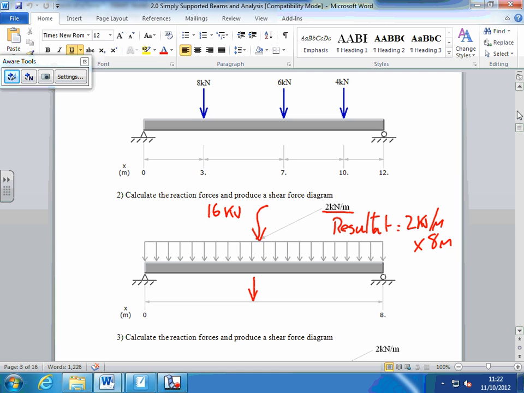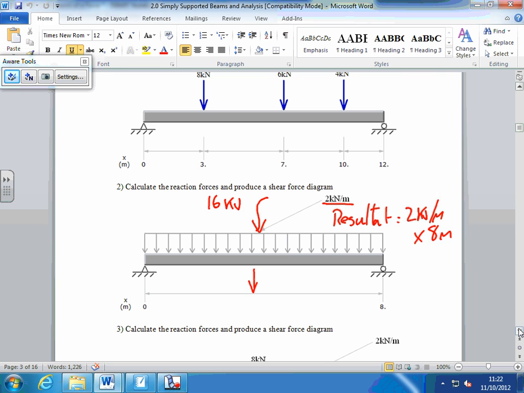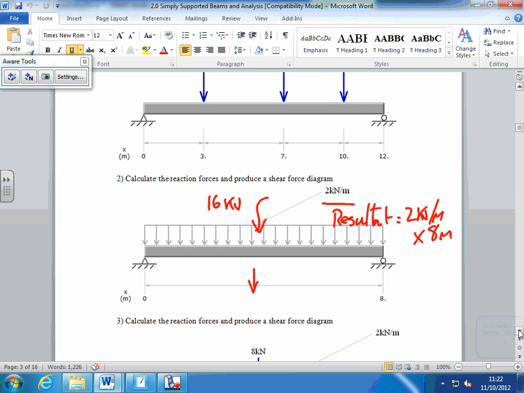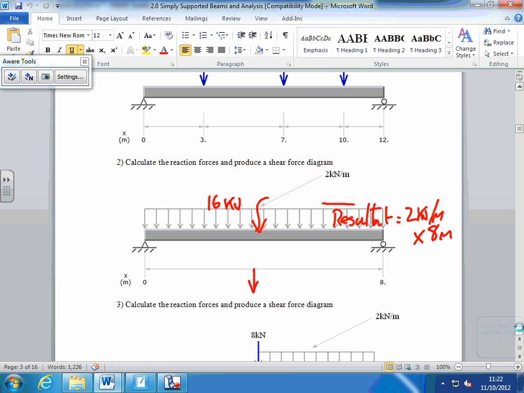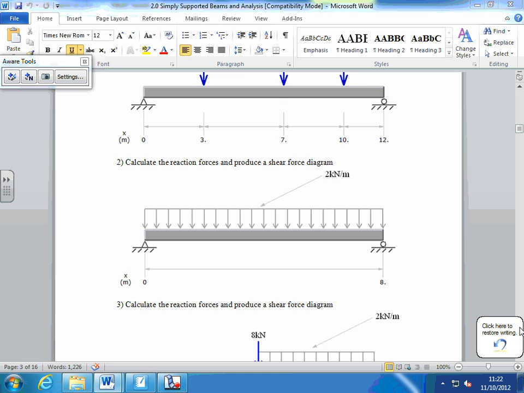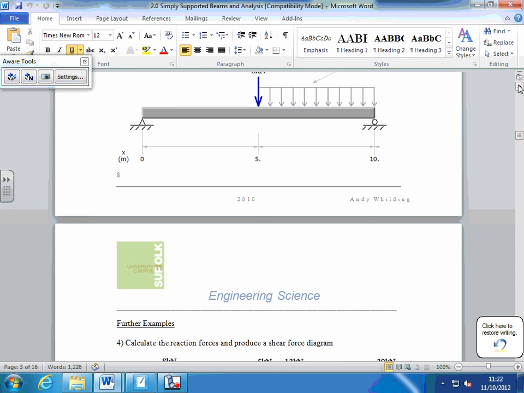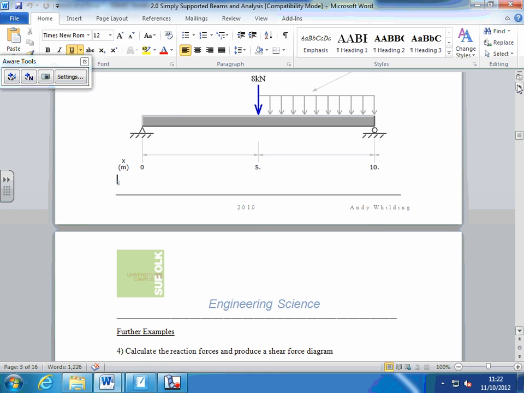Okay? It will have consequences for the shear force diagram, the fact that this is a uniformly distributed load, but we'll worry about that next time. As far as the reaction forces are concerned, you just treat it like a point source in the center. So if we look at question number 3, anticipating the next question, you'll see that this time you have a UDL that's from the 5 meter mark to the 20 meter mark.